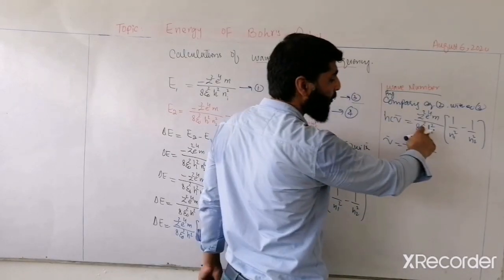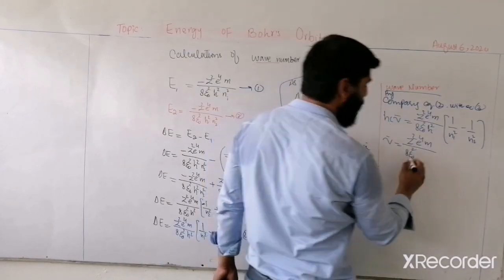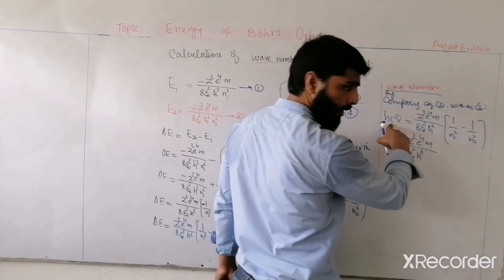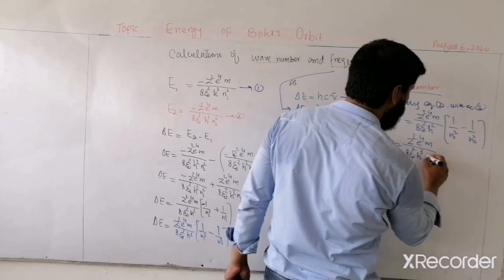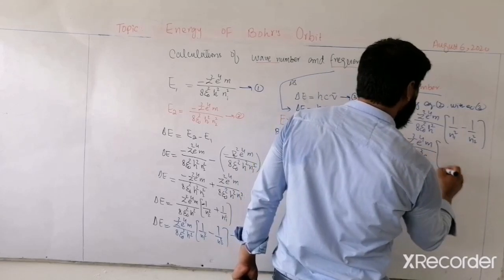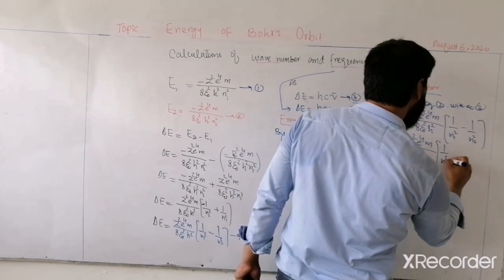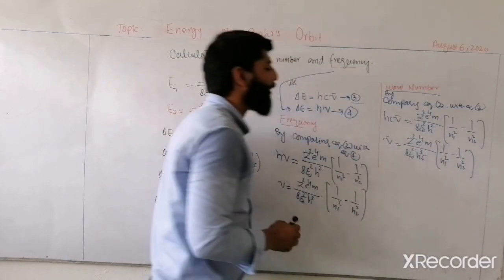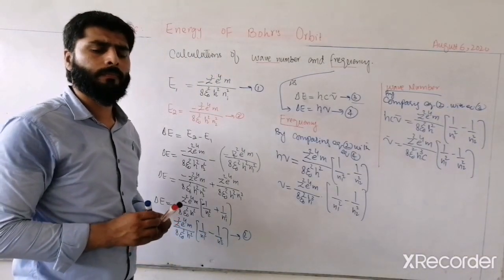When h is shifted here, it will become h square into h, so h cube, and c is the speed of light. This is the wave number.